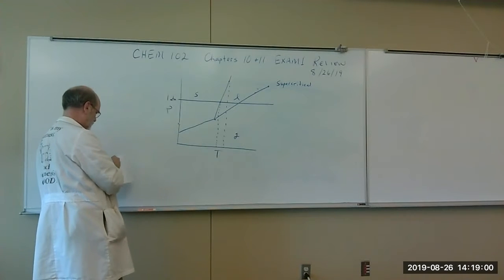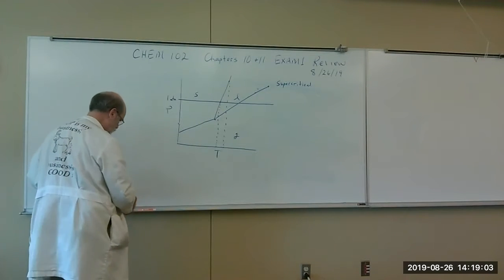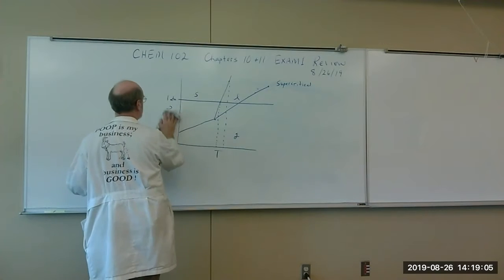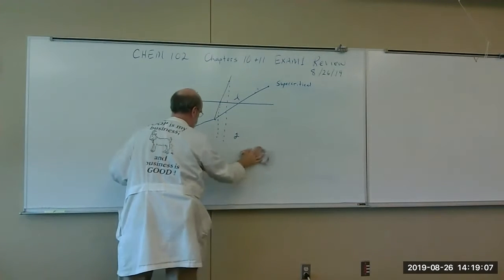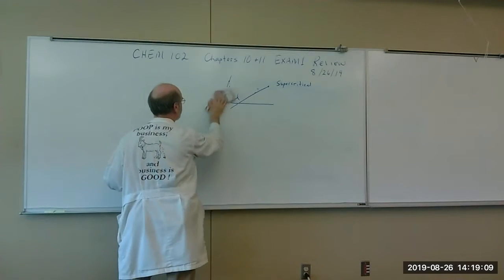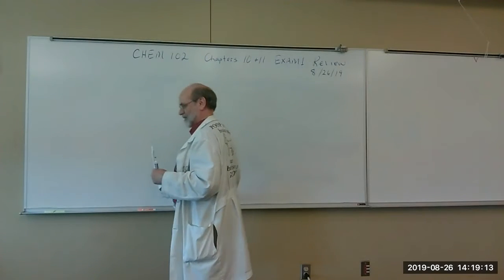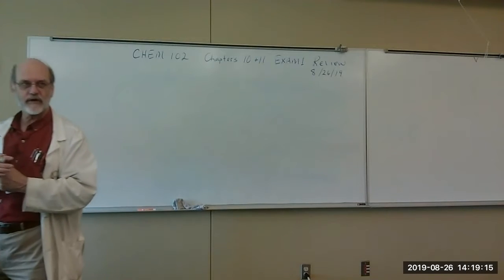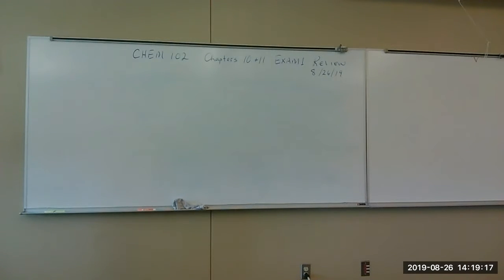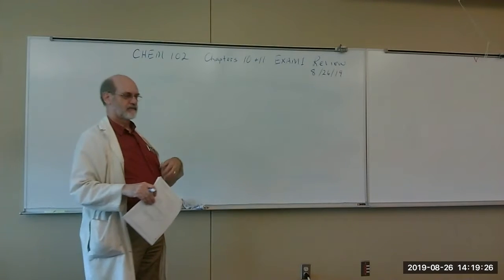Definition. What's the measure of resistance of flow of a liquid? There's a word for it. What describes the resistance to flow of a liquid? Viscosity. The more viscous a liquid, the slower it flows.